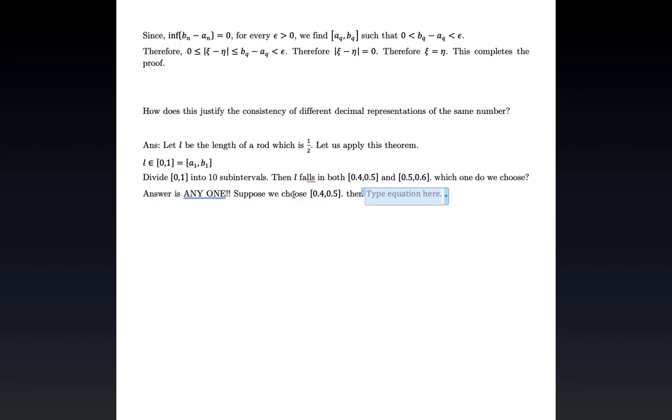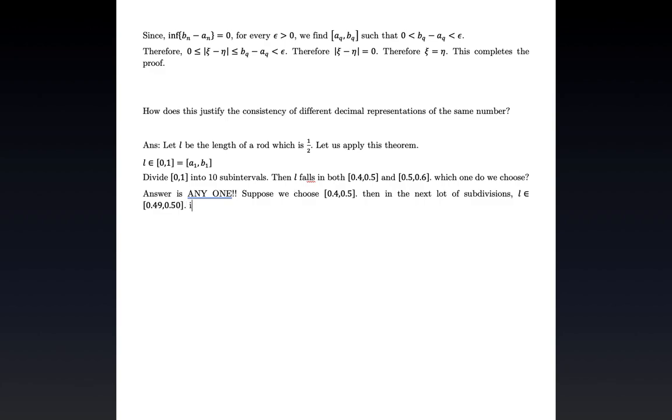Then in the next lot of subdivisions, L falls in 0.49 to 0.50.